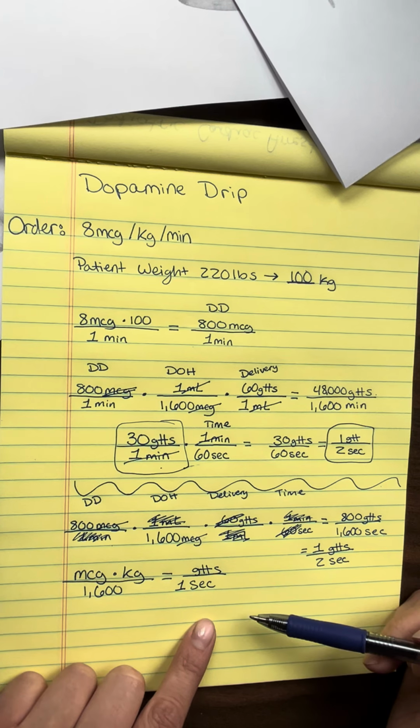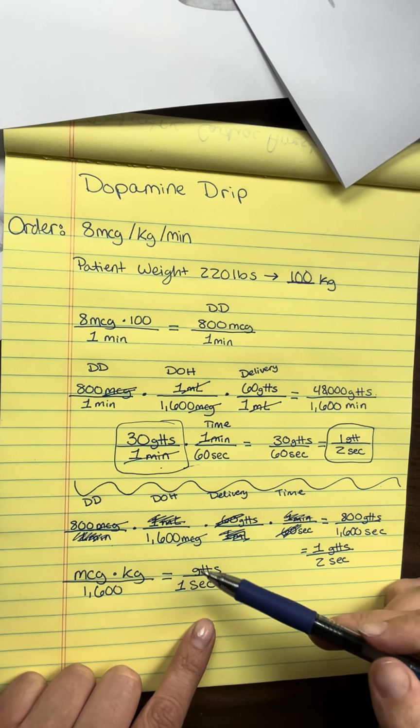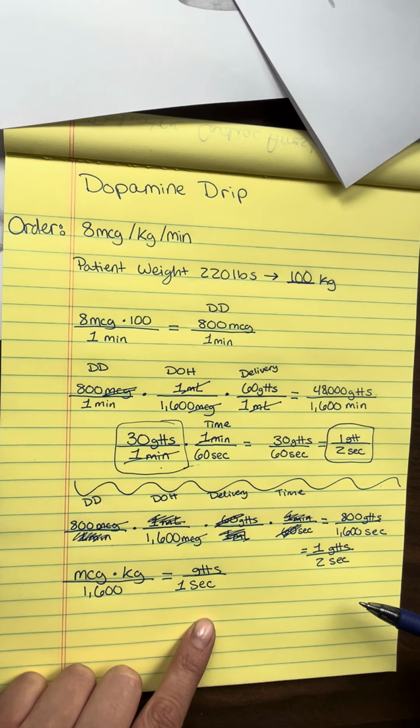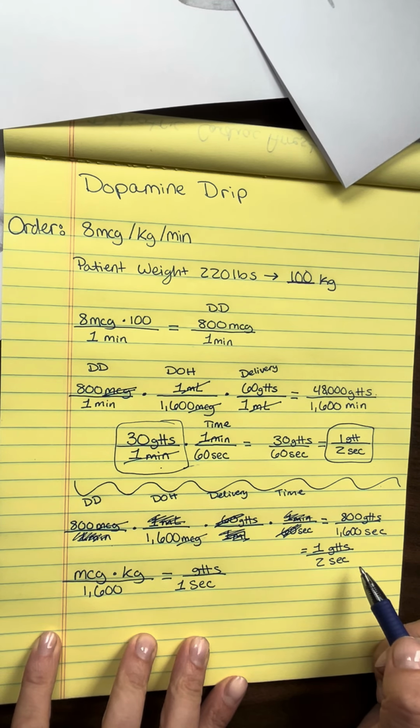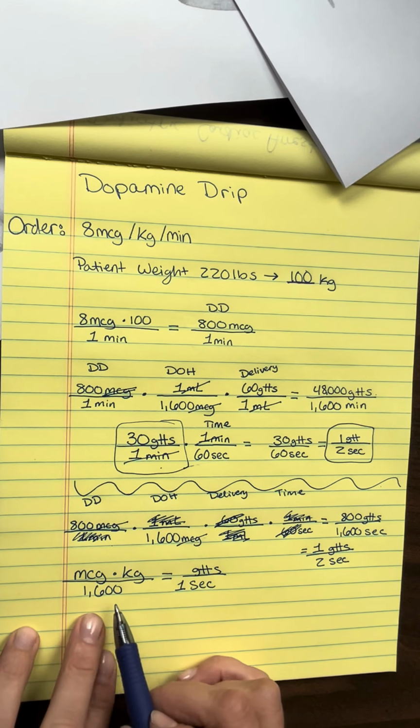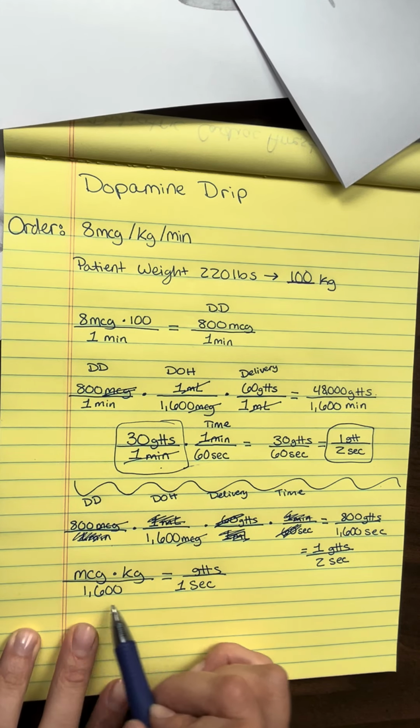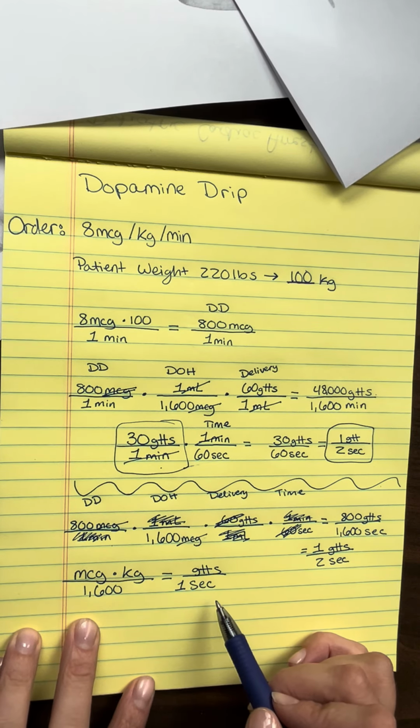And it does work every time. The numbers aren't always as pretty, and we're going to do another problem where the number doesn't come out as nice as the 1 drip per 2 seconds, but this is what you can do in the field super fast and get your drips per second.